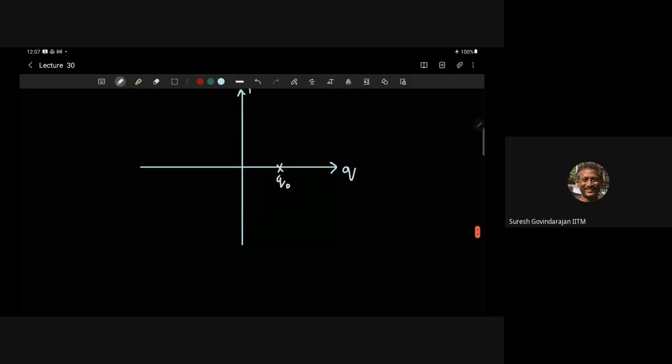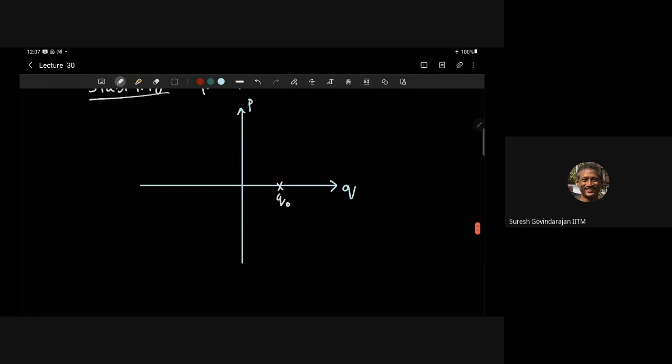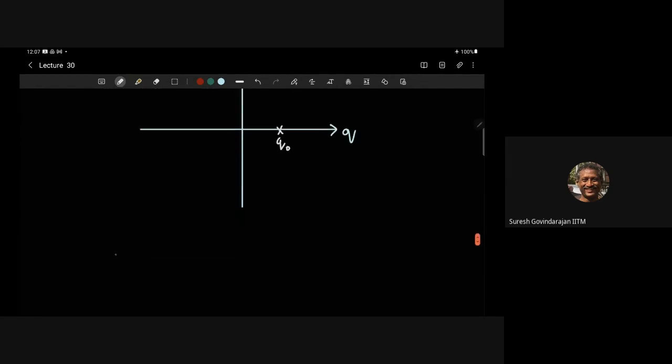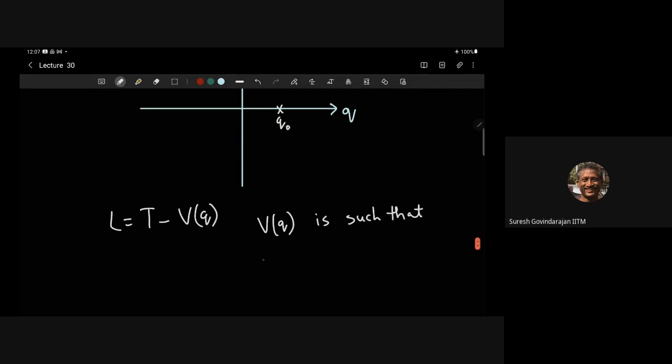Let's also make a very simple assumption that L is just T minus V, and V of Q is such that dV by dQ at Q equal to Q0 is 0.